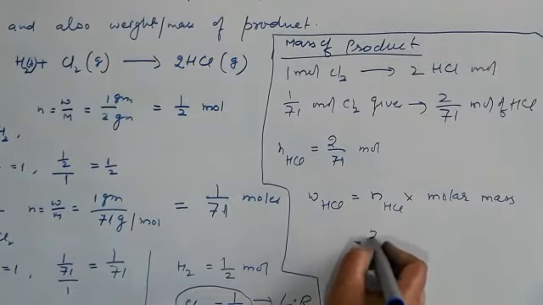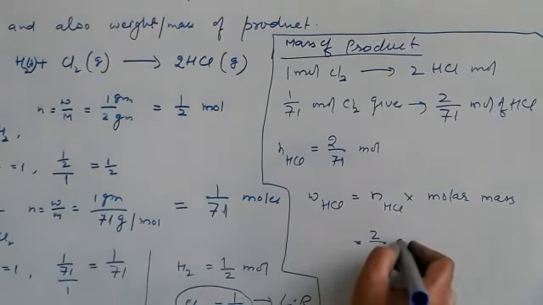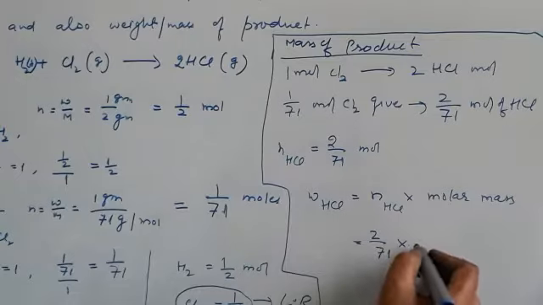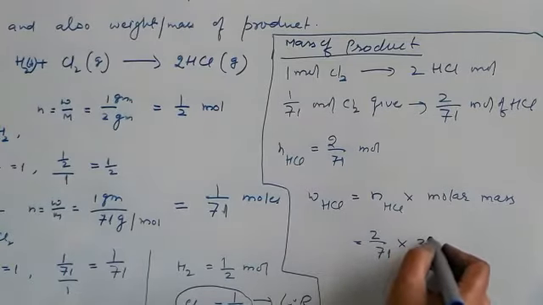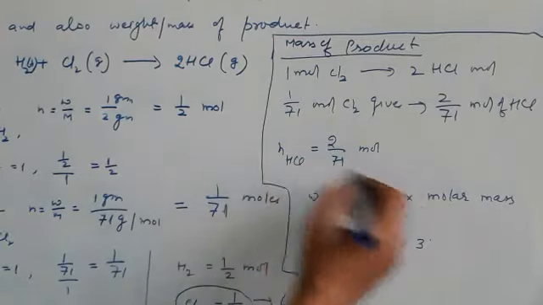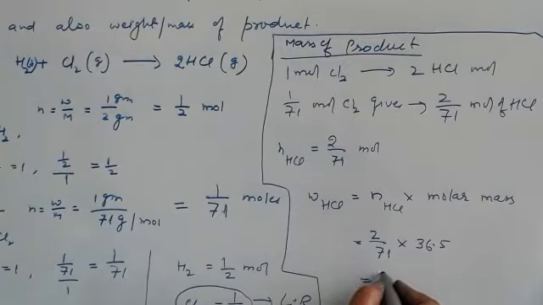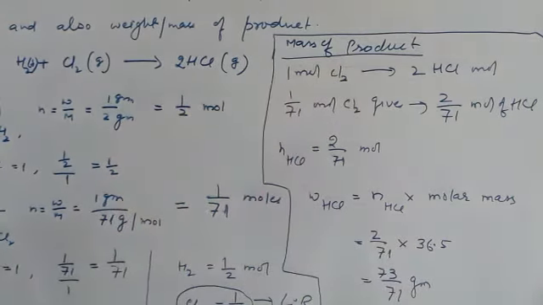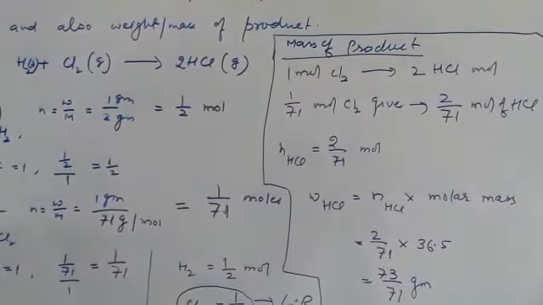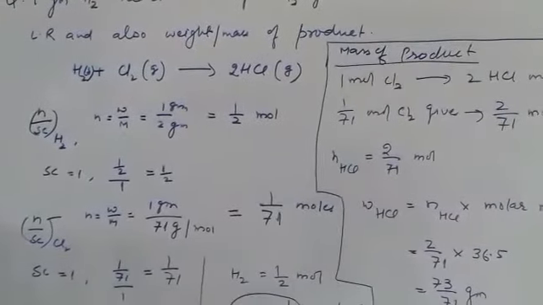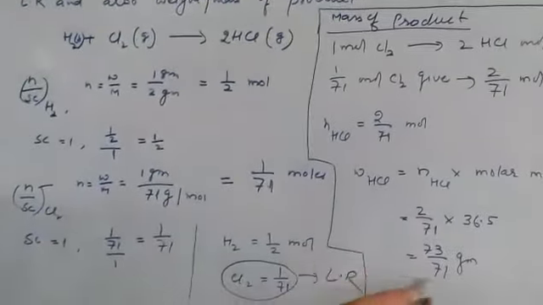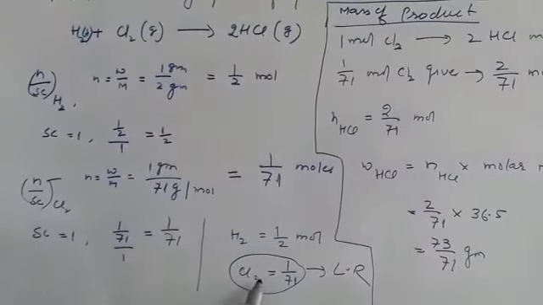Moles of HCl is 2 by 71 and the molar mass of HCl is 36.5, so it comes 73 by 71 gram as the mass of product. So the limiting reagent is chlorine and the mass of product depends upon the limiting reagent. This is the mass of product formed when it is consumed in the chemical reaction.